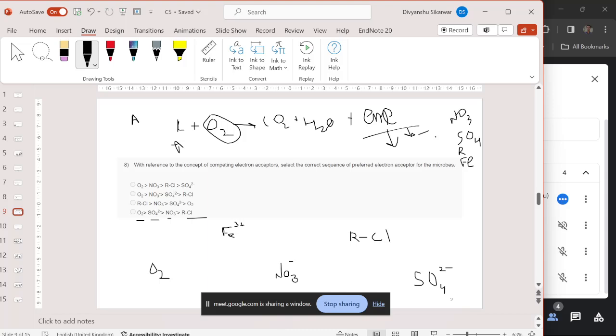First is oxygen, but after that we have nitrates, then I think iron, sulfate compounds, and then the hydrocarbons. That will be oxygen, then iron.